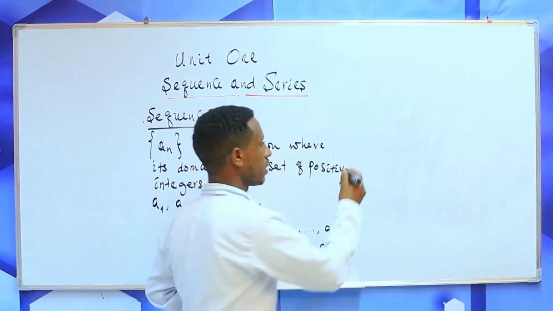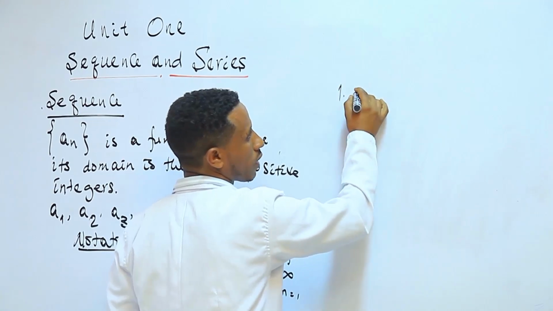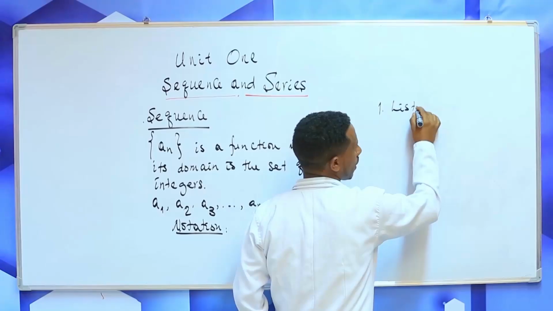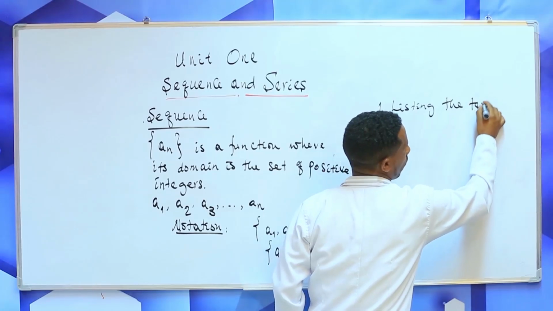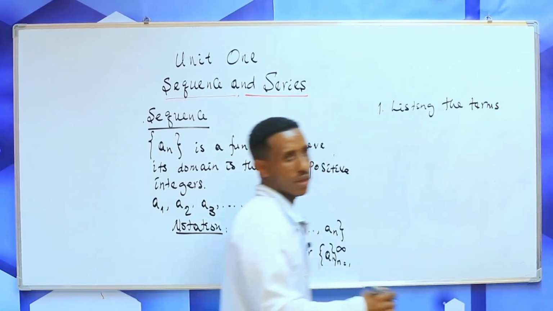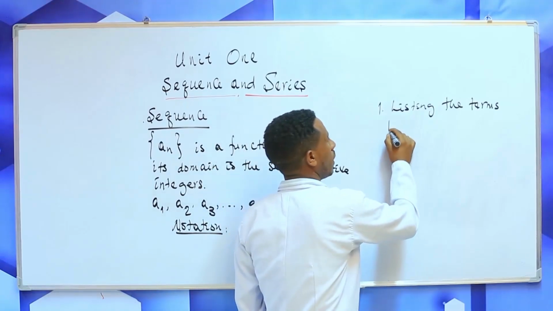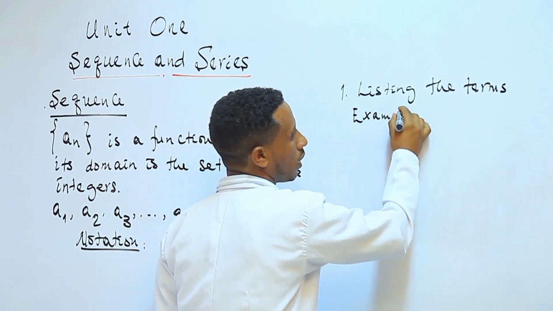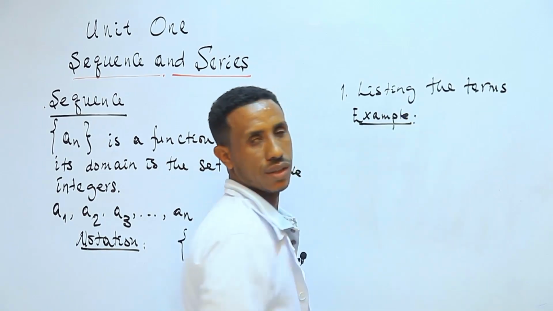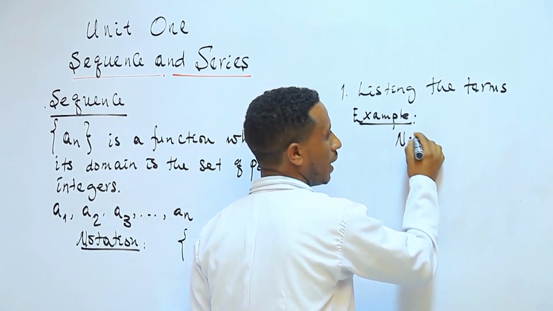The first one is, we can describe a sequence by listing the terms of the given sequence. For example, the sequence of natural numbers can be described by listing.